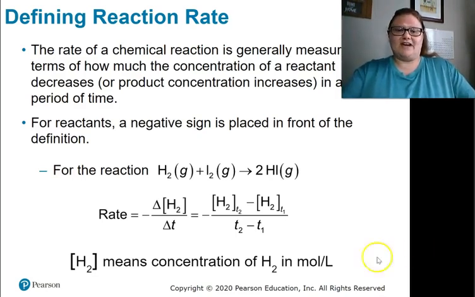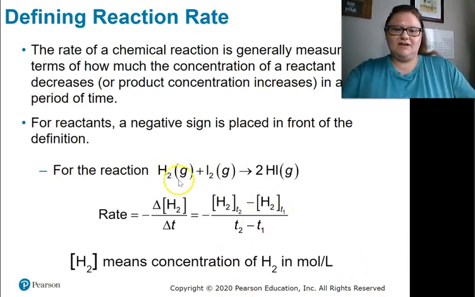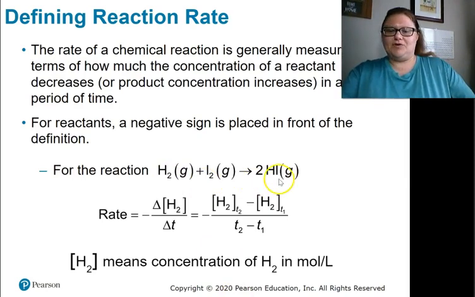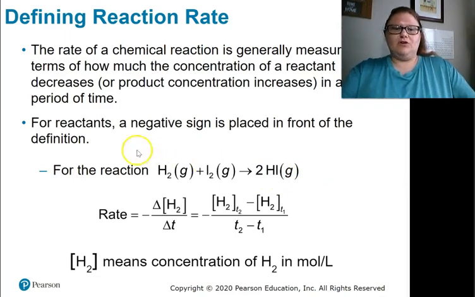So we have a reaction down here of hydrogen, iodine, and the production of HI gas. We get two molecules. So if we're looking at just the rate of hydrogen breaking down, decreasing concentration of our hydrogen reactant, there's a note here that we use a negative sign in front.